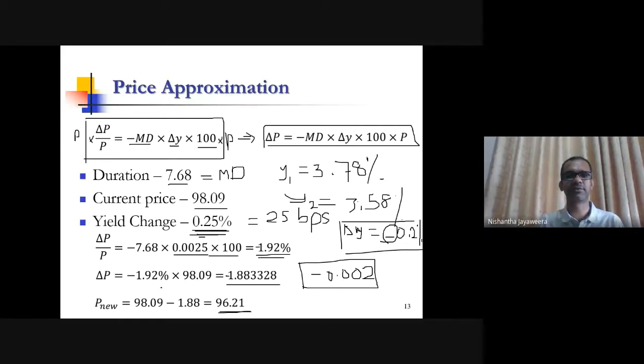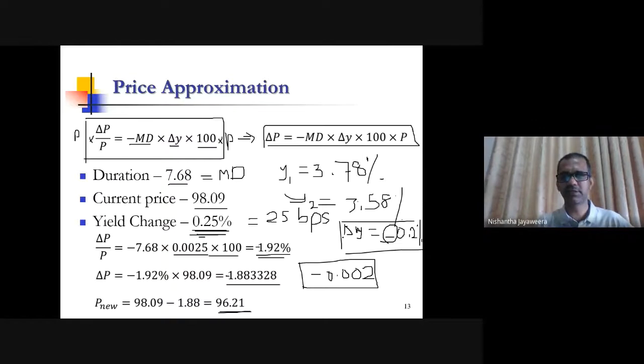That's why I have substituted it as minus 1.92. Then you get the minus figure. Then add it, you get the answer. So remember that. Clear? How do we calculate the new price approximation using duration?